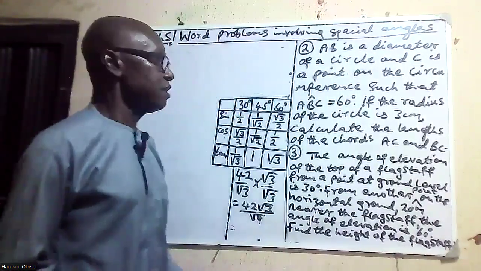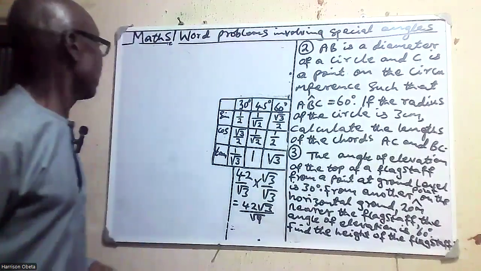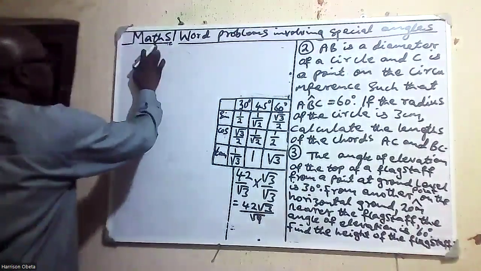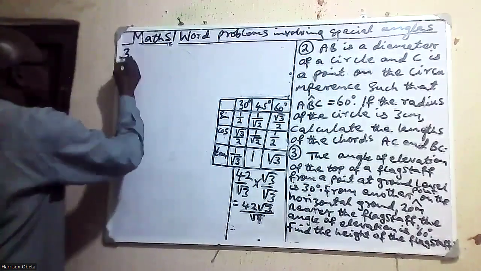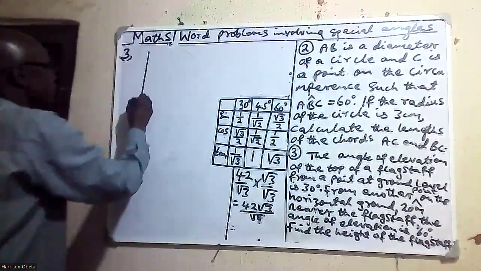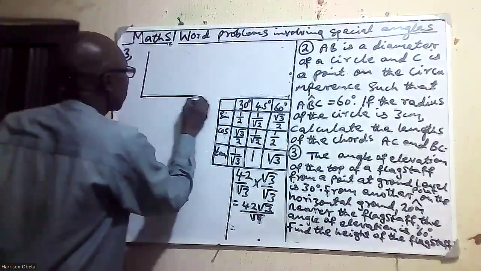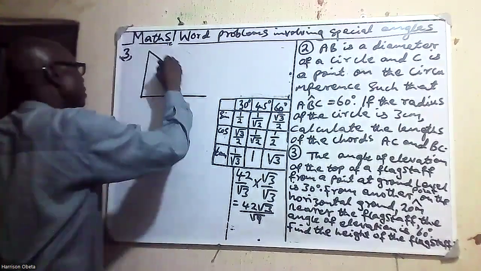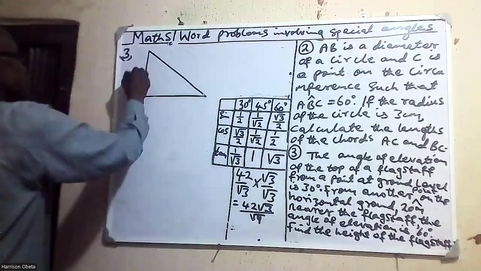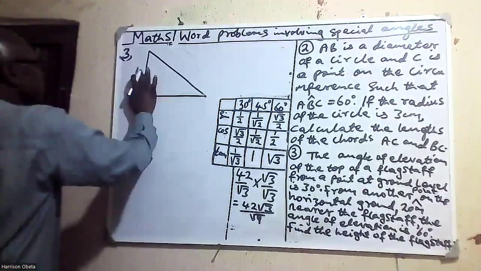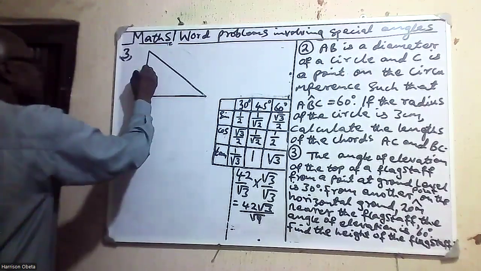We have to find the height of the flagstaff. Starting with the diagram, let's try number 3. Assuming that we have this, so let us take this to be the flagstaff. What we are looking for is H.